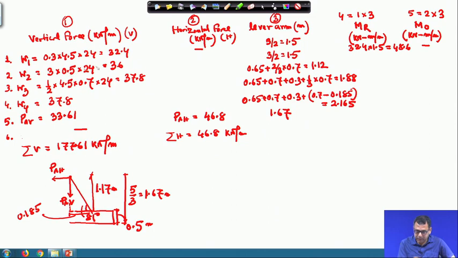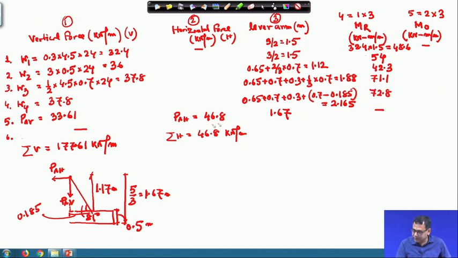Similarly, for W2 I can write this is 54. Then W3 it will be 42.3, then W4 it will be 71.1, then due to PAV it will be 72.8.